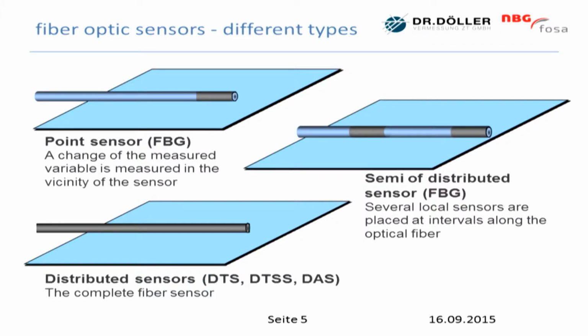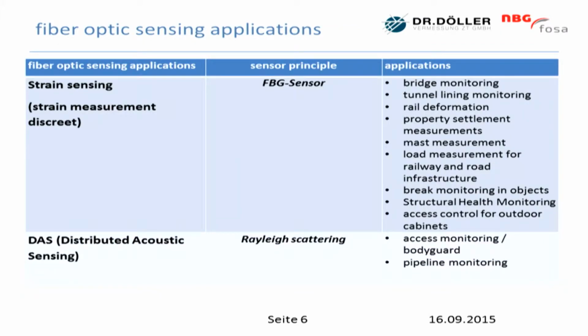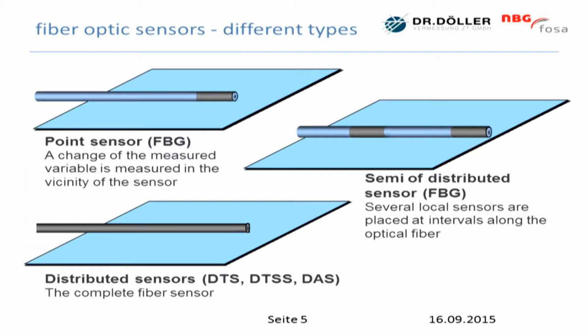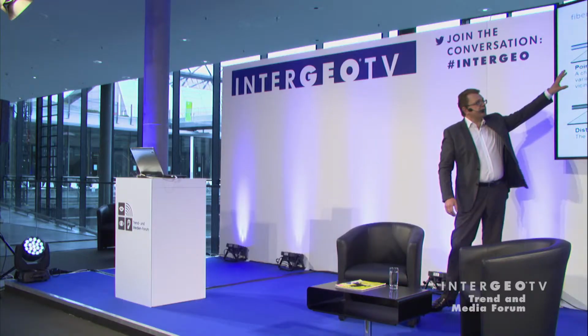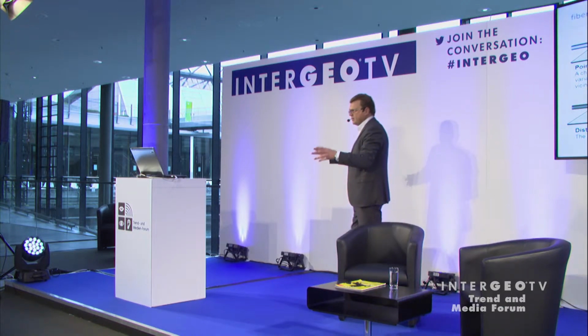You have three main types of measuring with a fiber optic cable. First of all, the point sensors, FBG, then the semi-distributed sensing or the distributed sensing. The FBG sensing means that, for example, you have a point measurement for a crack or a point measurement for a movement of a rail. The semi-distributed sensing means that you use the cable as a sensor on special spots and points on the cable.